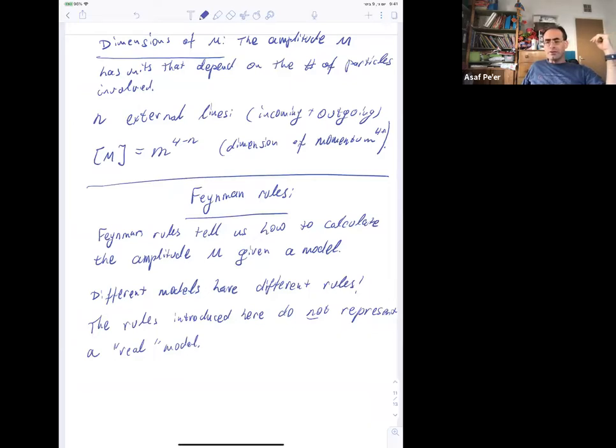We may introduce the rules for the real model later on. It's just a little bit more complicated when you're introducing spins.